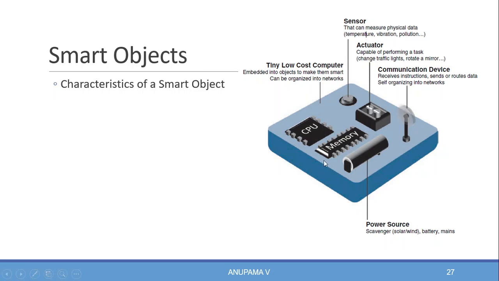Next, it will have a power source, maybe a battery, or it may be connected through a wired connection, solar, etc. So, the four main characteristic components of a smart object are a processor or a tiny low cost computer, sensors, actuators, or a set of sensors, a set of actuators, or both, a communication device and a power source.